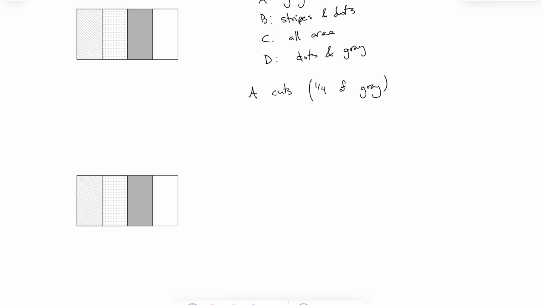The first step should be A cuts off one piece which represents 1/4 of the gray, right? This is how you should begin. That first cut. Yes, 1/4 of.